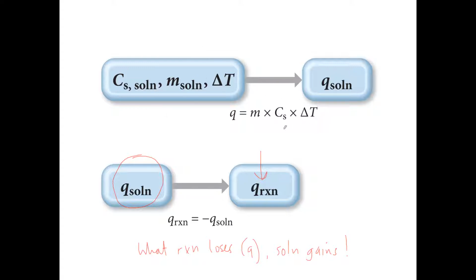Q is equal to m c delta T. That is the change in temperature of the water, right? This is the heat capacity of the water, right? And this is the mass of the water, okay? And that is here.